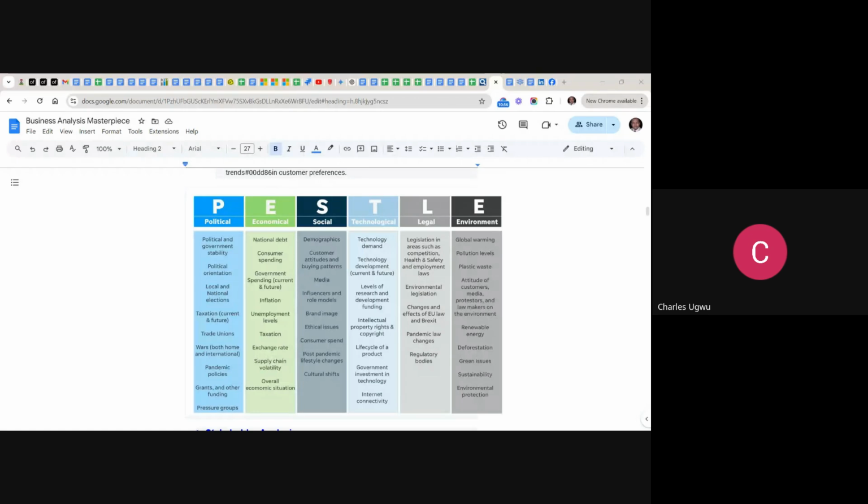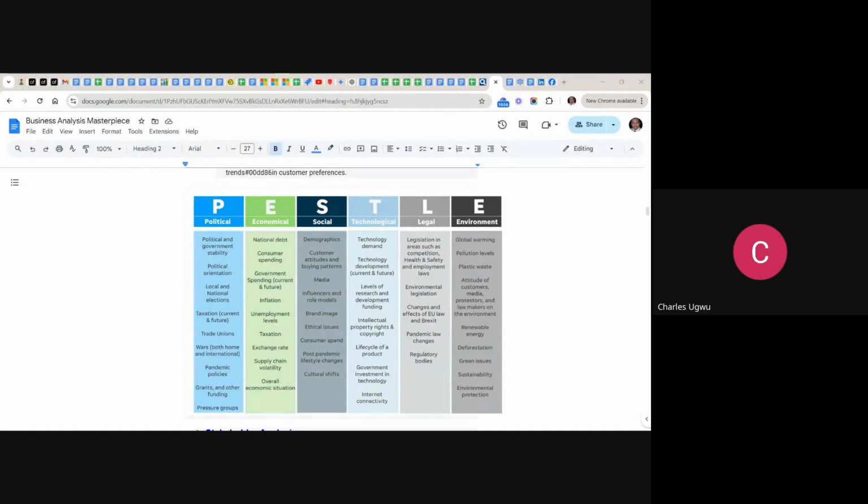If you're working in oil and gas, you should be looking at environmental factors very, very well. If you are in a more data-related area, you should be looking at data protection law. And within the environment, you look at environmental laws and people's attitude to the environment, all this global warming and things like that.